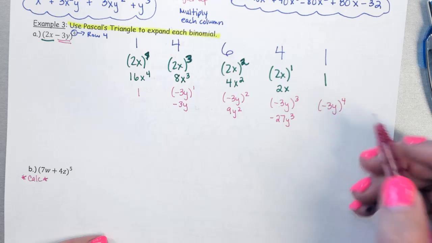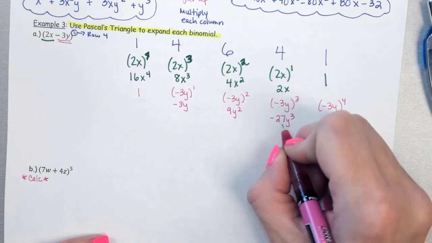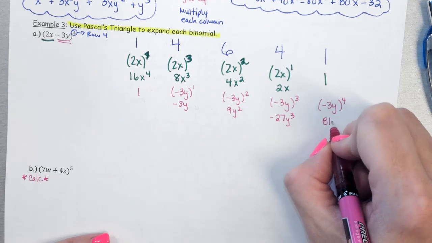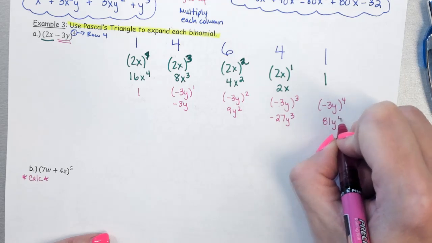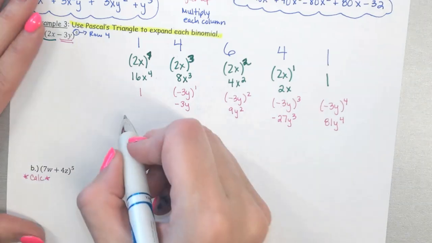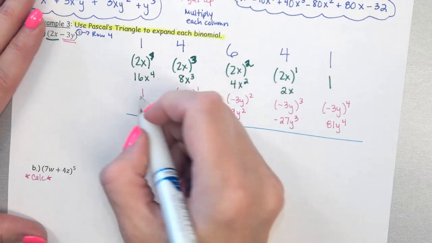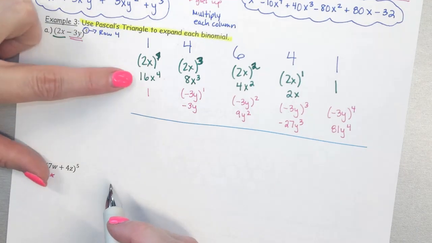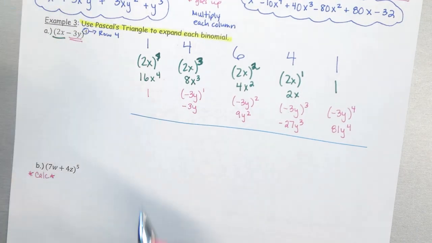So you can just do 9 times 9 to get 81, or you can do negative 27 times 3. Okay, and then we are going to multiply straight down. So again, you have 1 times 16x to the 4th times 1.